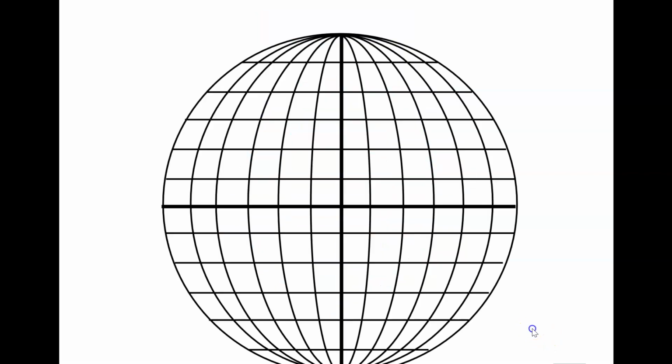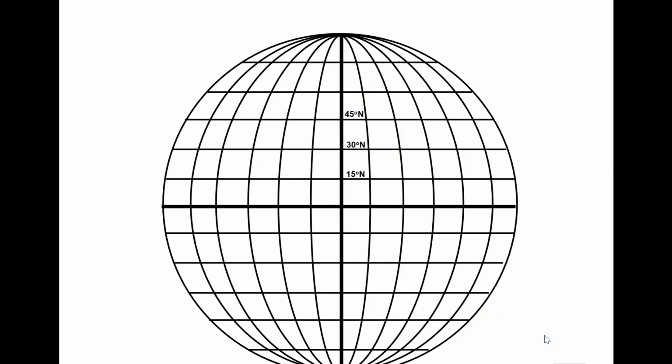Let's practice using some lines of longitude and latitude coordinates. All right, here we have 15 degrees north. So start at your equator and we go to 15 degrees north. Then we would go 30 degrees north.